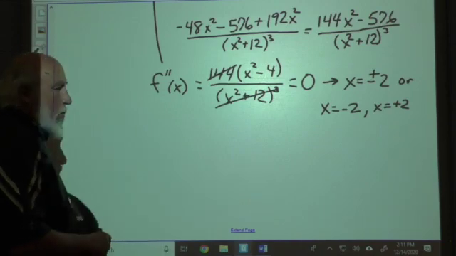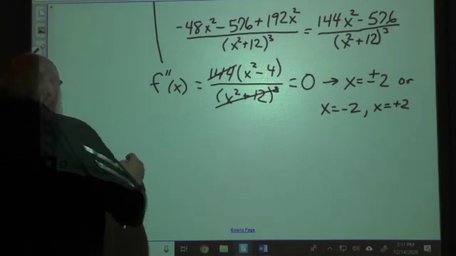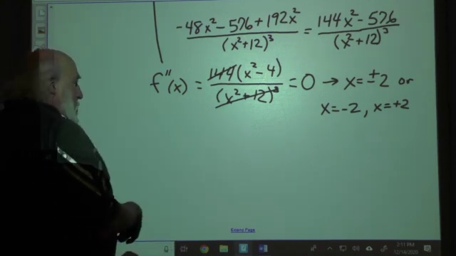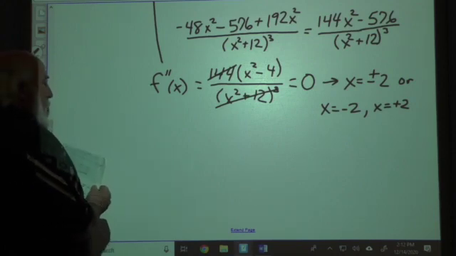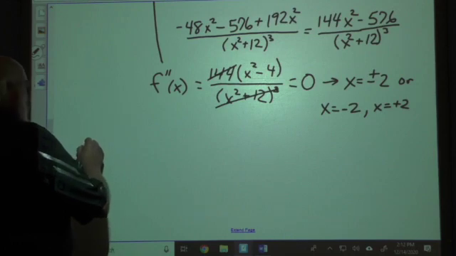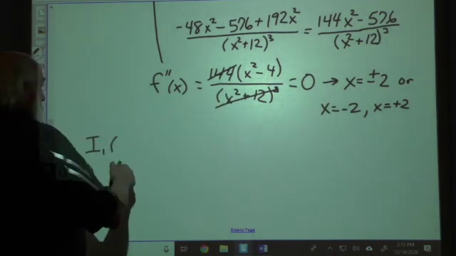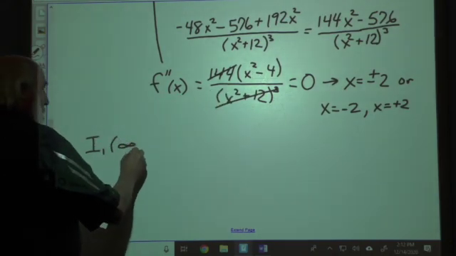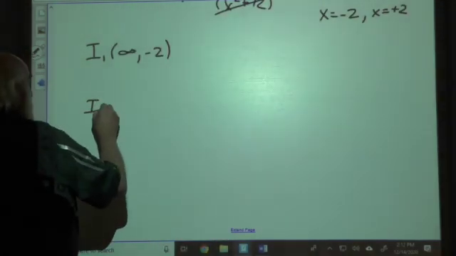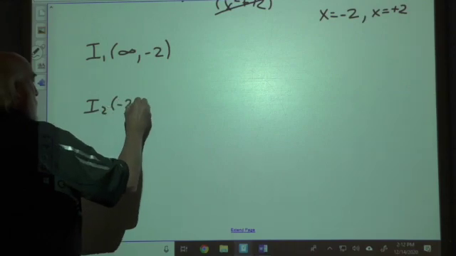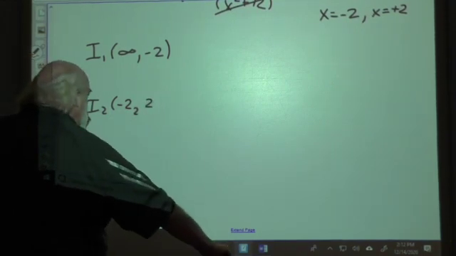So now we do that interval thing that we did with the previous section, only now we're looking for concavity instead of direction of slope. So we have three intervals because we've got two points here. I1 is going to be from negative infinity to negative 2. I2 is going to be from negative 2 to positive 2.